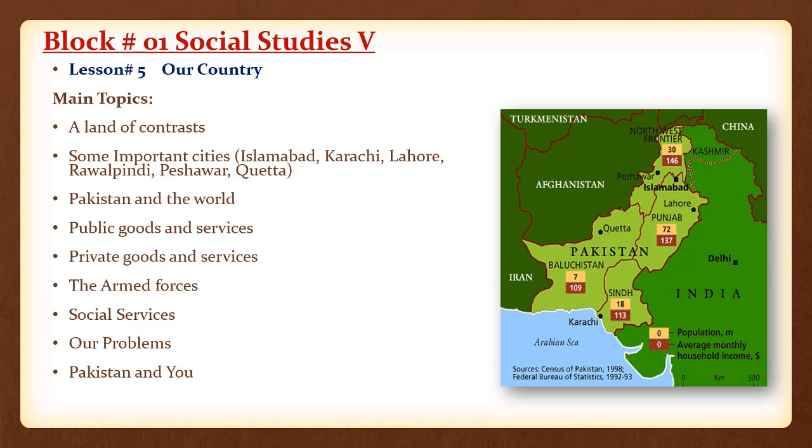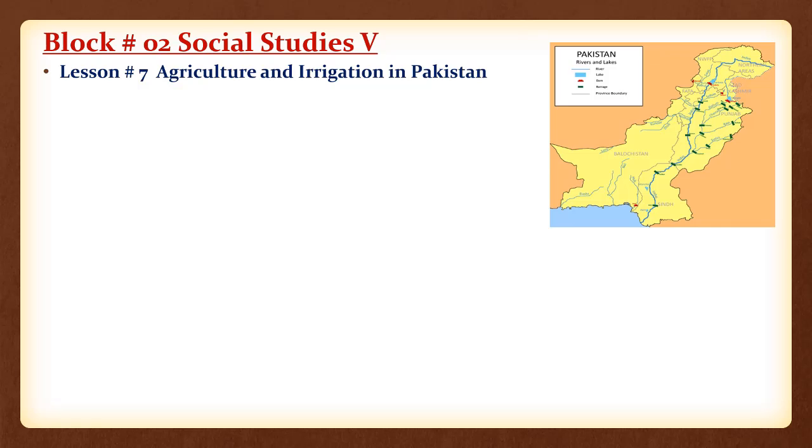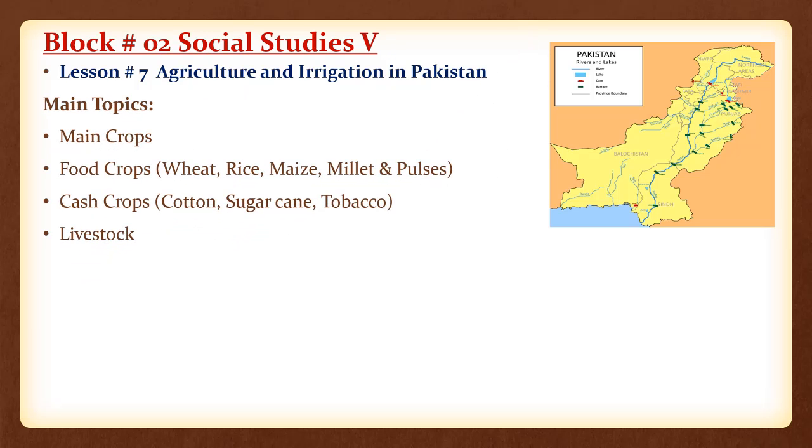Block number 2 and lesson number 7, agriculture and irrigation in Pakistan. As Pakistan is an agricultural country, this is a very important chapter to know in detail about crops and the irrigation system. The main topics of this lesson are: main crops, understanding the difference between food crops and cash crops.